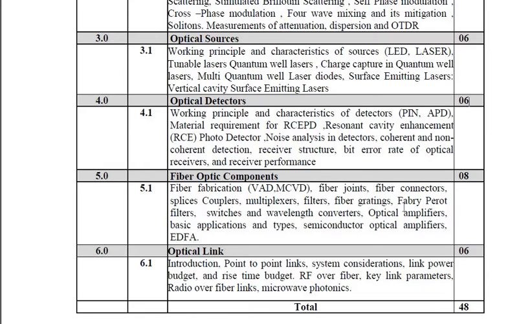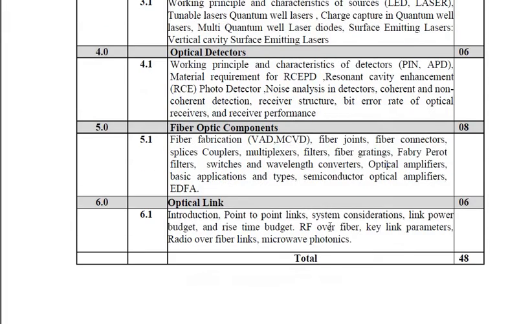Then semiconductor optical amplifiers. Amplifiers are also different for fiber optics. The amplifiers which we have done in EDC were low noise amplifiers. Here we are going to see optical amplifiers, EDFA. This module consists of 8 hours, that means again 10 to 15 marks questions are asked from this module.